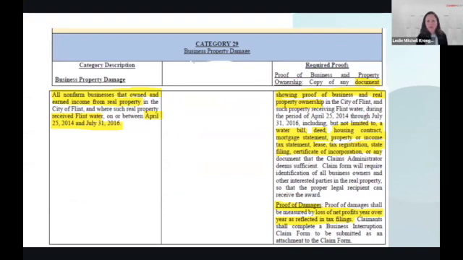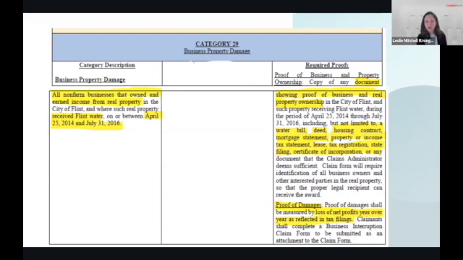Category 29 is business property damage. These are non-farm businesses that owned and earned income from real property in the city of Flint and received Flint water between April 14 and July 16. Similar, you have to show that you own the business. You have to show that you own the property. Damages are reflected in a loss of net profit year over year.